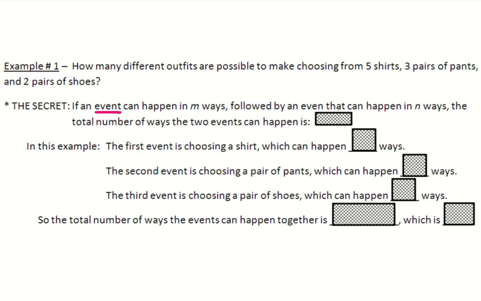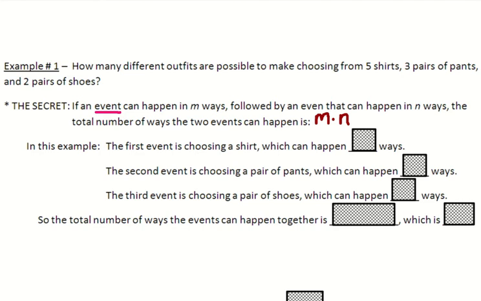Whenever you have a series of events or decisions where each one can happen a certain number of ways, what you're going to do is multiply all those numbers together.